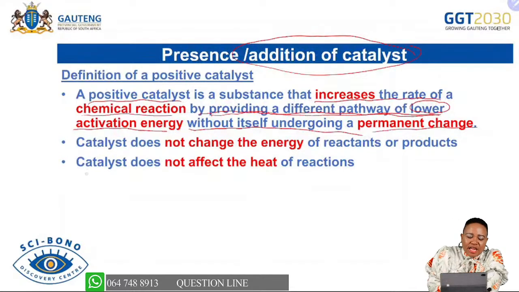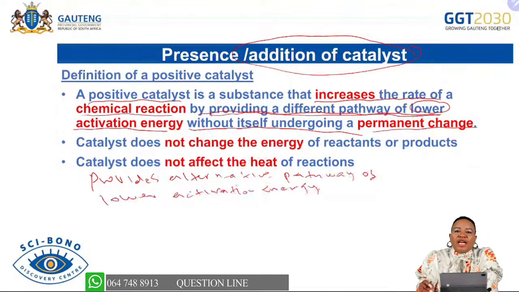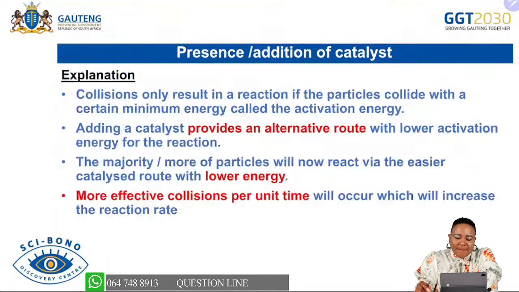What it does is provide an alternative pathway of lower activation energy. That is what a catalyst does. It will just lower the activation energy by providing an alternative pathway for the reacting particles.